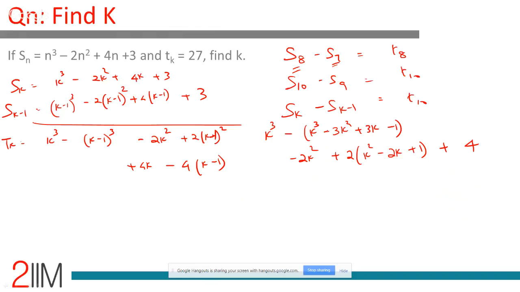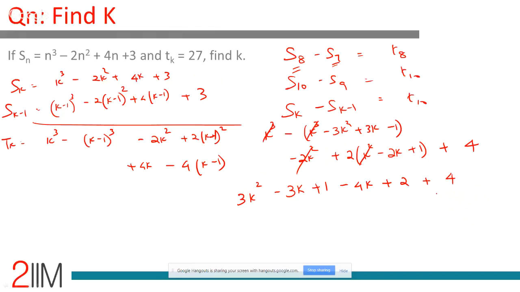This is the difference. So this k cube gets knocked off. This k square gets knocked off. This will be plus 3k square minus 3k plus 1, and then minus 4k plus 4, minus 2k plus 2, plus 4.